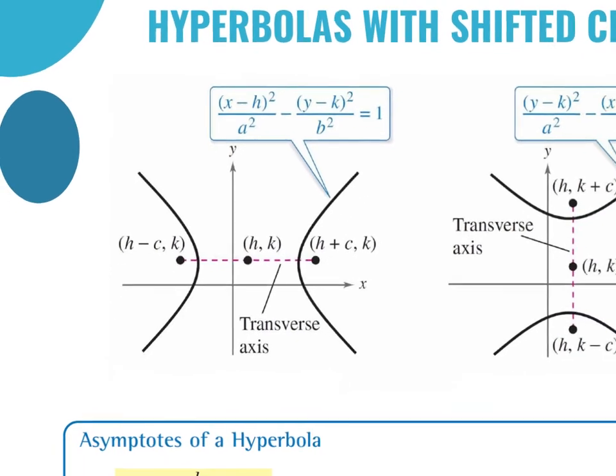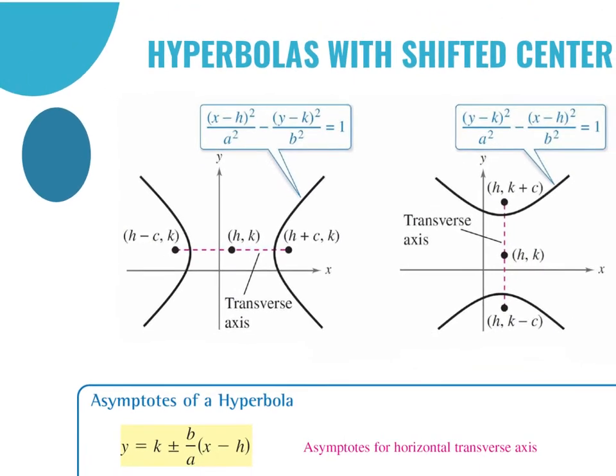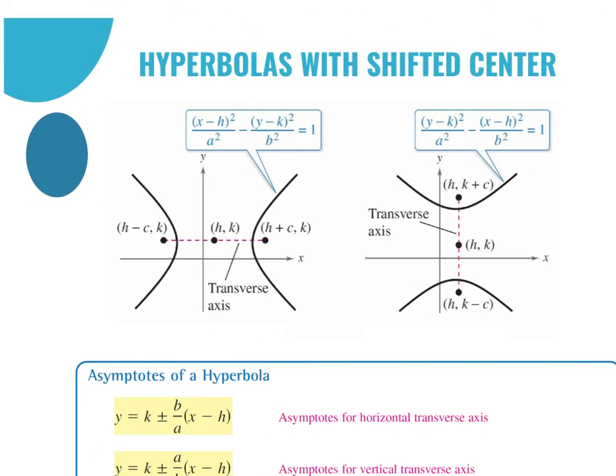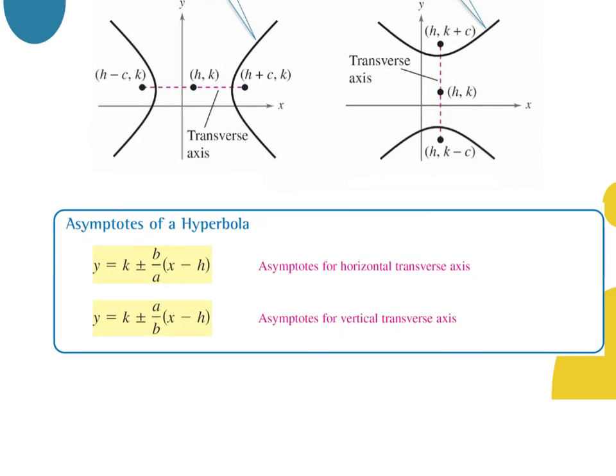Notice x squared is first, so my graph transverses the x-axis, or it's touching the x-axis. Over here where the y squared is first, it's touching the y-axis, or it's vertical. For your asymptotes, remember we're going to be starting at the center, and our center is not going to be 0, 0. Now, you could also think of these asymptotes as being in point slope form.